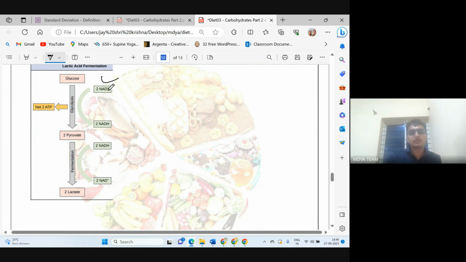Our body is producing 2 NADH from one molecule of glucose in glycolysis. This is glycolysis. And in the next step, our body is using these 2 NADH. Why is our body using these 2 NADH?